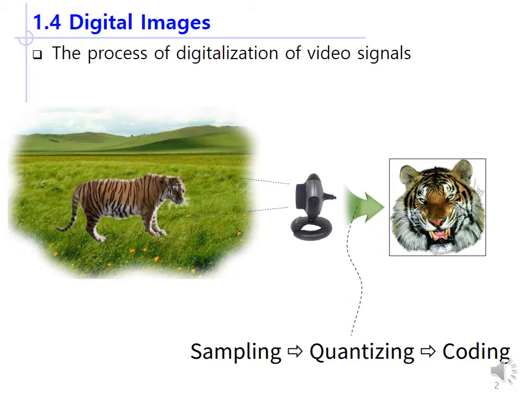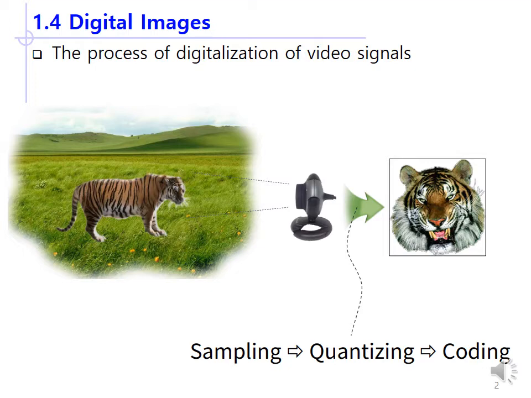This slide shows the process of digitalization of a video signal. The real world is an analog world, and we can see a continuous view of a world, and the intensity of each object is continuous.